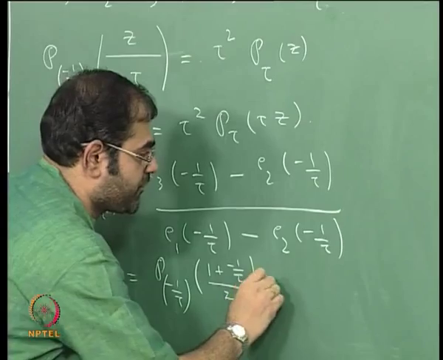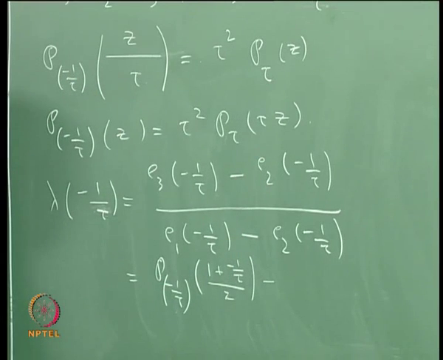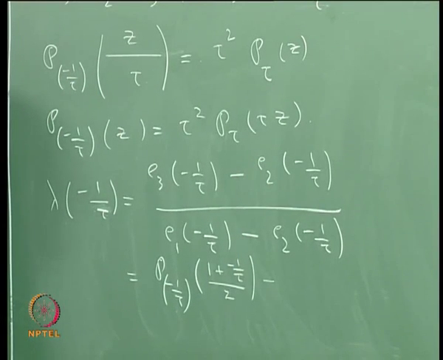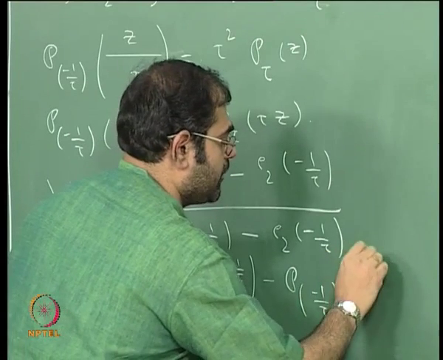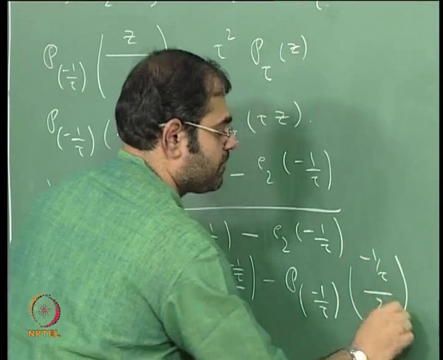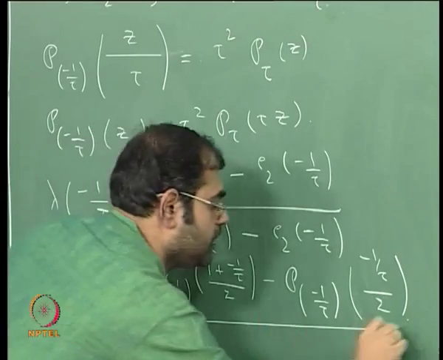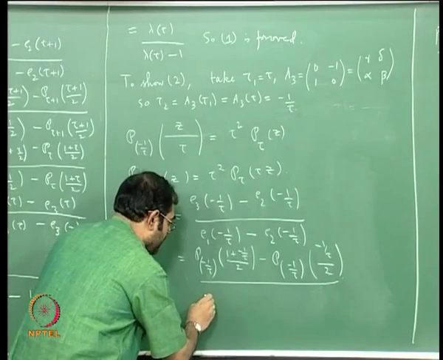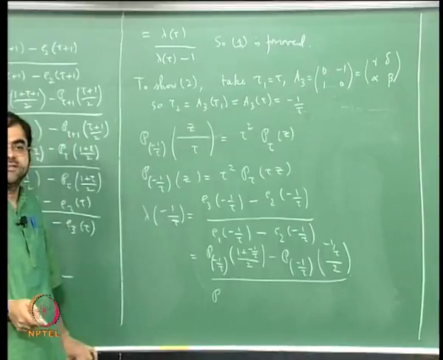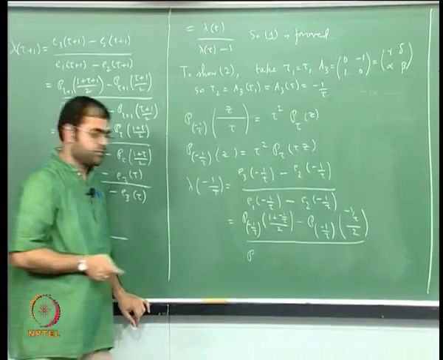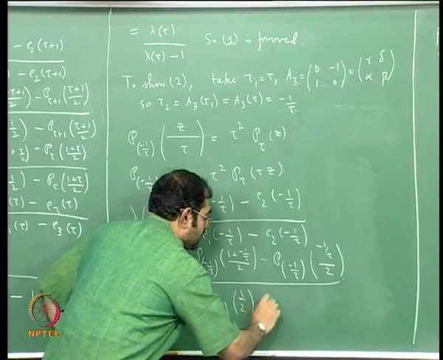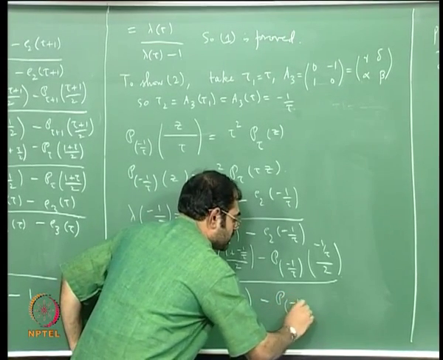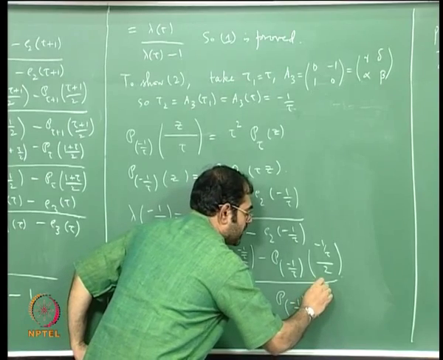Okay, minus E2. E2 of tau is just P tau applied to tau by 2, so this is going to be P of minus 1 by tau applied to minus 1 by tau by 2. Okay, divided by E1 of tau, which is just P tau applied to half. So this is going to be P of minus 1 by tau applied to half, and here again I am going to get P of minus 1 by tau applied to minus 1 by tau by 2.